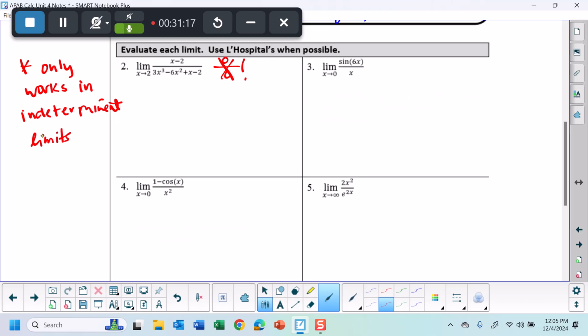When you get 0 over 0, when you're taking a limit, go to L'Hopital and he can make it work for you. I'm going to go ahead and take the derivative of my numerator. I'm going to take the derivative of my denominator, if I can remember what 3 times 3 is.